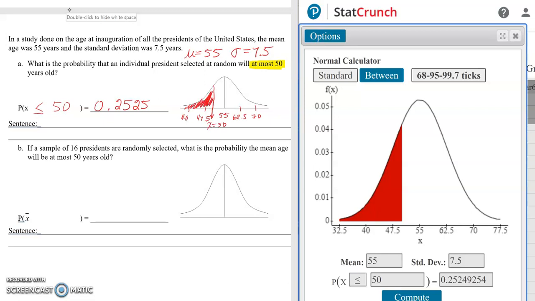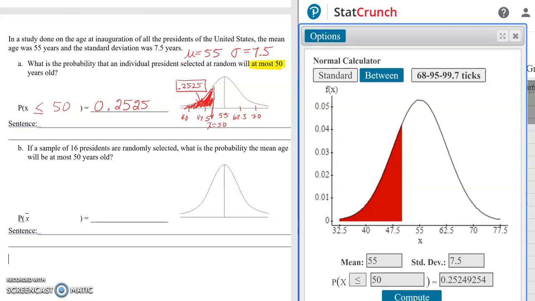We're also going to label that area 0.2525. StatCrunch does a lot of it, but I do want you to label the x value and the area or probability.